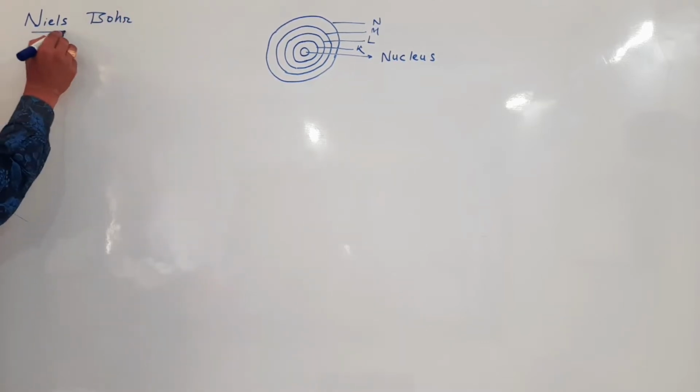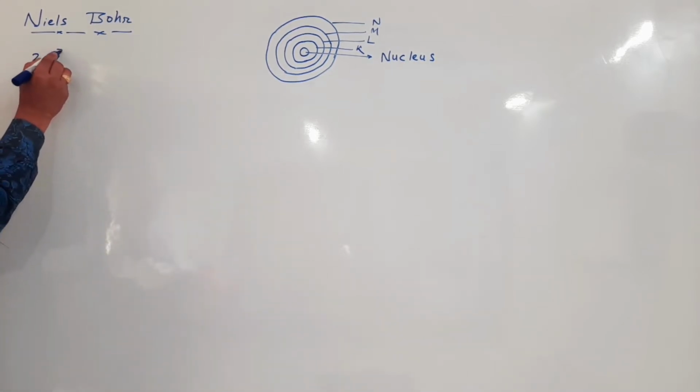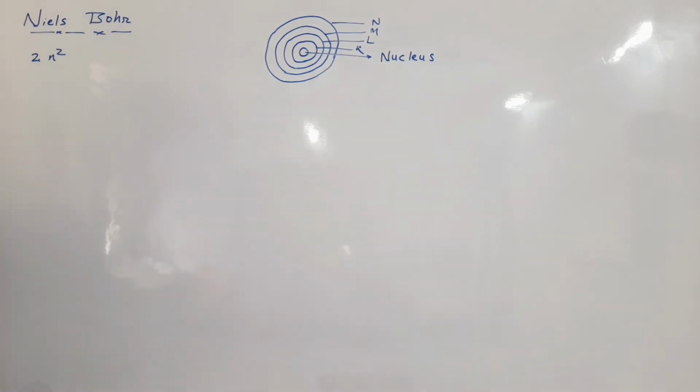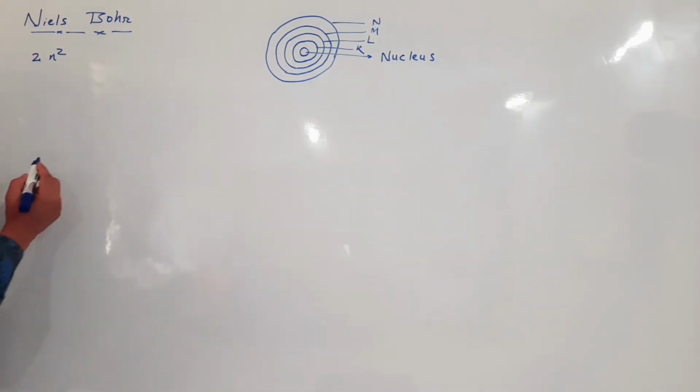According to Niels Bohr, the electronic configuration is given by the formula 2n square, where n denotes the number of shells. So let's find out the number of electrons present in different shells of an atom according to Niels Bohr.